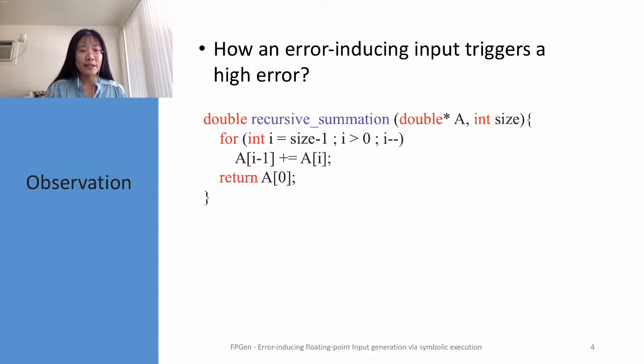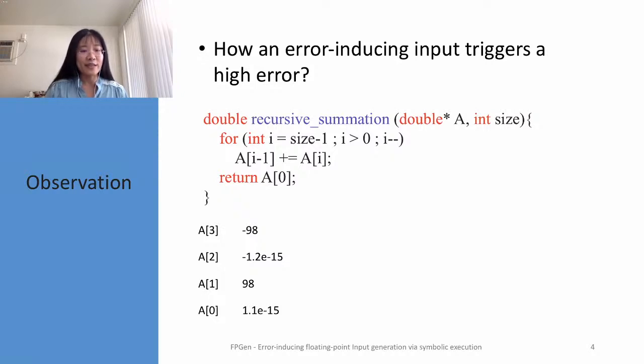First, we observe how inputs can trigger high error. We use a program that implements recursive summation as an example. In this program, it takes an array as input and computes the sum of the array elements. We manually crafted an input array A. This input array A will trigger a high error in this program.